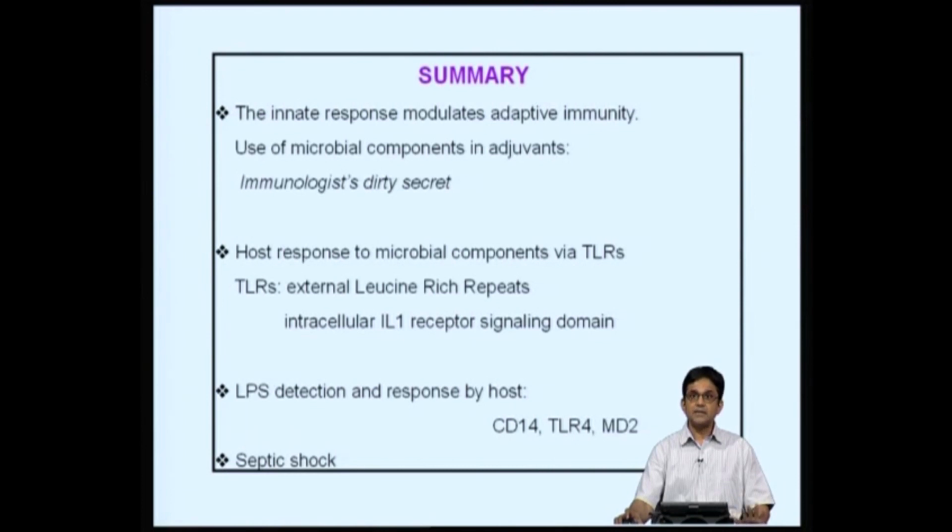This is important because you have an acute inflammatory reaction because of the presence of microbes, and the host response is so strong that it often leads to multi-organ failure, low blood pressure, and sometimes even death. So, it is important that you revise these aspects before we move on to the next part.